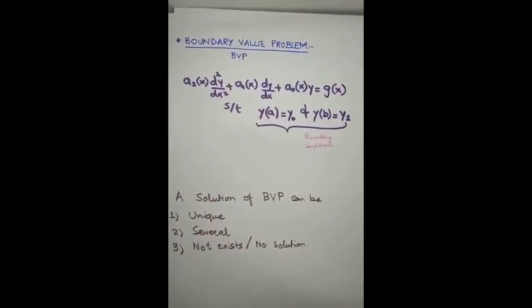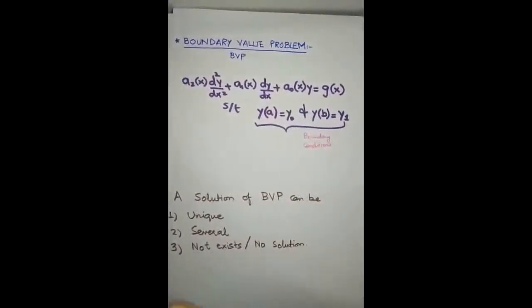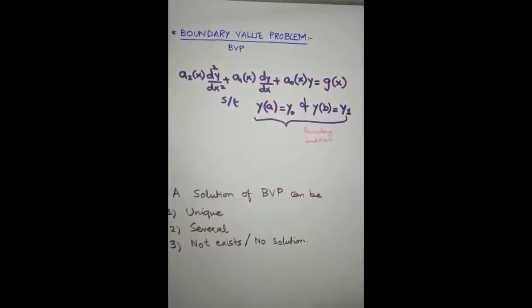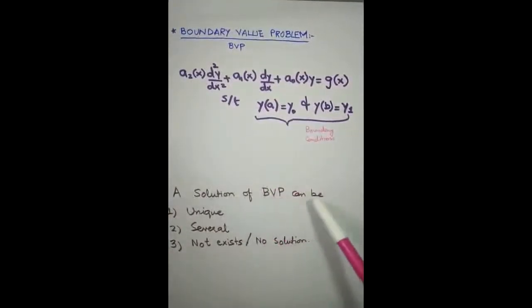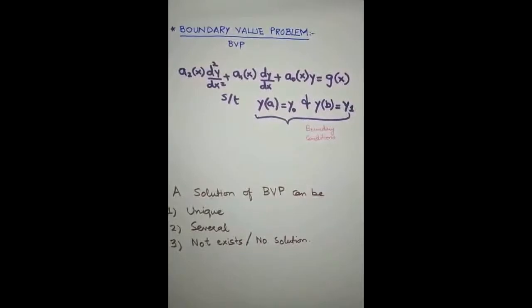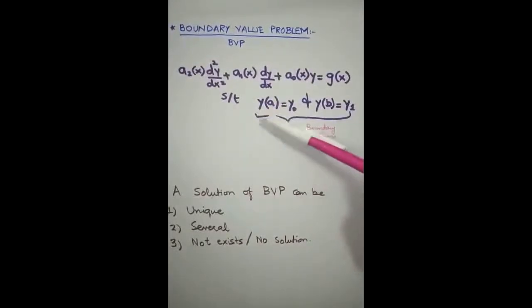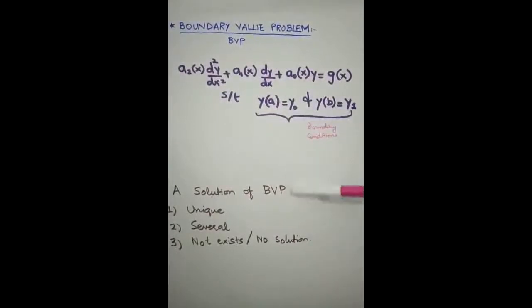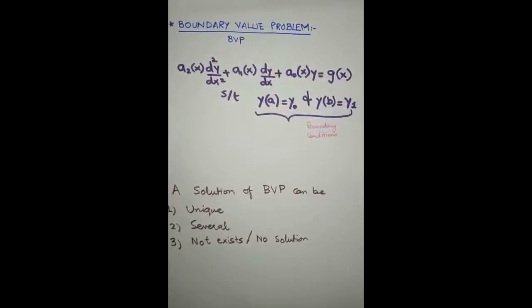Now, how is the boundary value problem solved, and what are the basic conditions for checking whether a solution of the boundary value problem exists or not? What we do is apply the boundary conditions to the problem, and there are three types of solution in a boundary value problem.